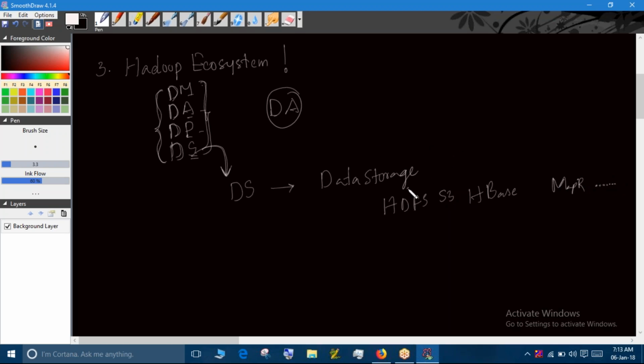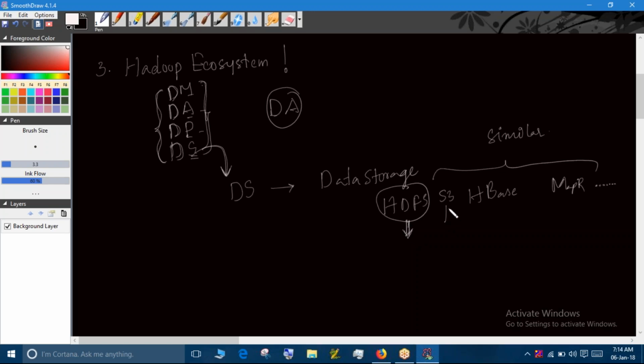Out of all these things, we take up HDFS and discuss this one because all the remaining ones you see as part of the data storage are similar. I don't say they are exactly the same as HDFS, but they are very similar to HDFS, almost the same. So if you are able to learn HDFS, other things we can learn easily.